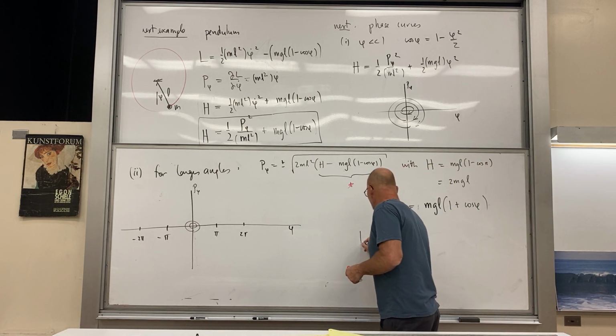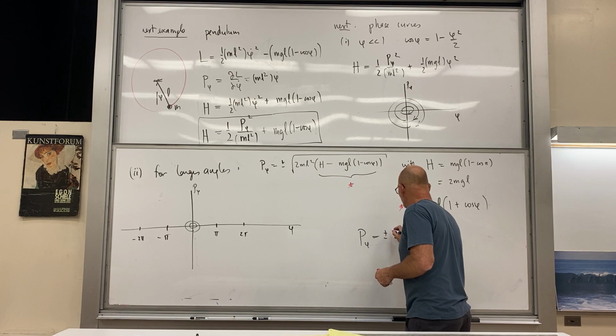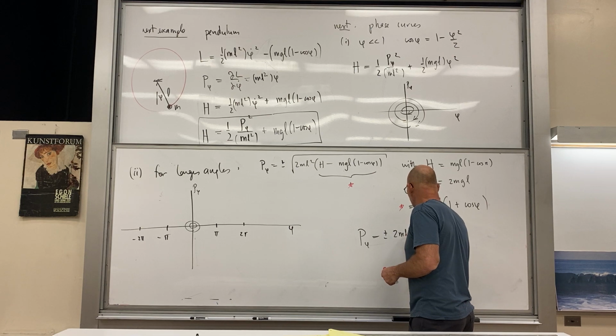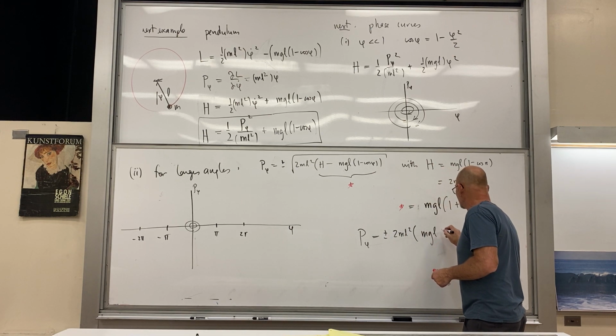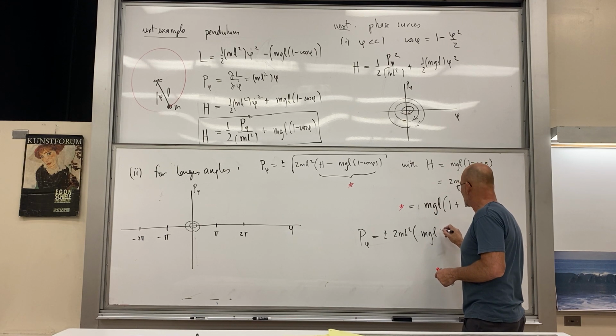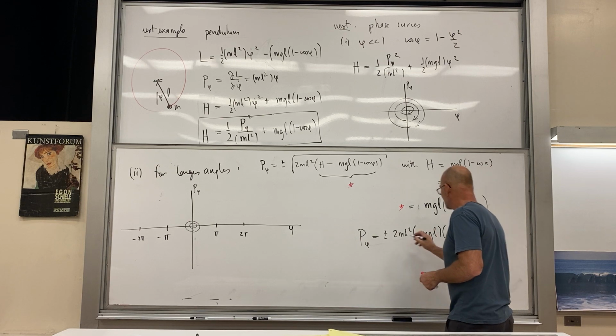So p sub phi is equal to plus or minus the square root of 2ml squared mgl(1 plus cos phi).